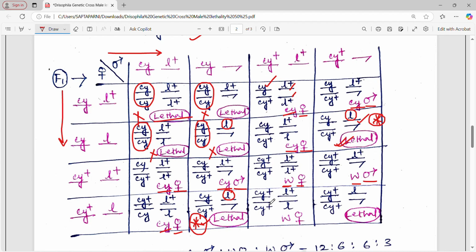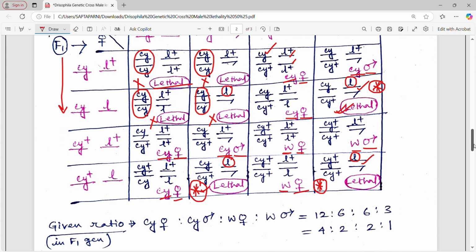Here CY plus, so obviously it is wild type and 2 X chromosomes, so wild type female. Here CY plus, but it has the L allele, or lethal allele, on the X chromosome, so it is also dead due to presence of lethal allele on the X chromosome. Okay. So let's see here.